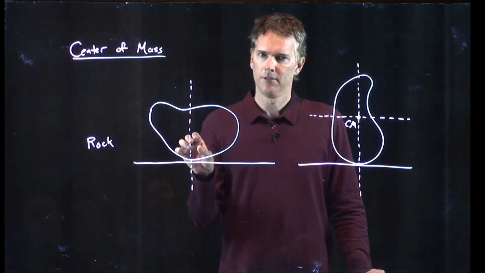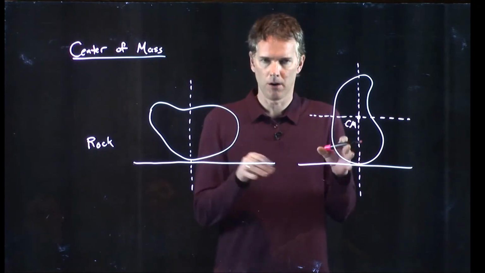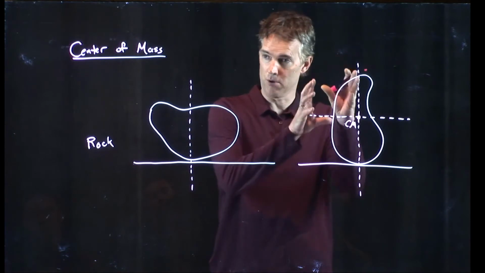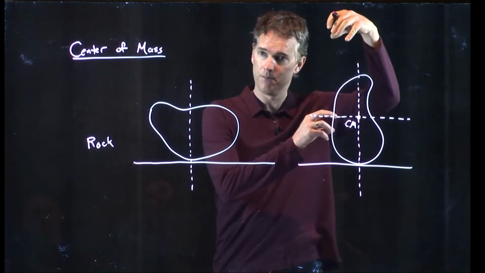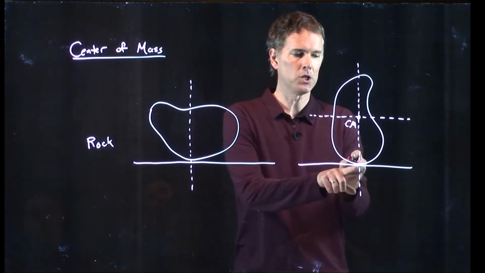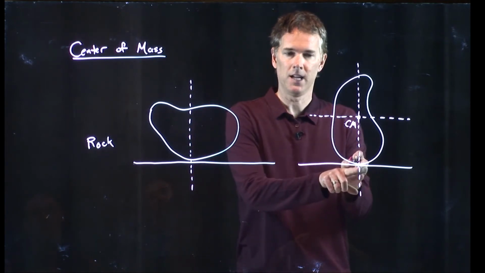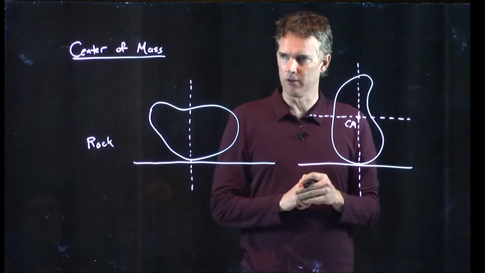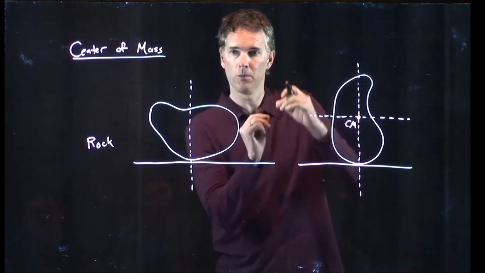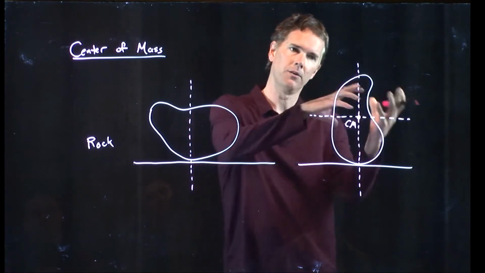Okay? And so when you go down to the harbor down in San Diego and you see people balancing those rocks on top of each other, the way you balance those rocks is you make sure that that point is directly underneath the center of mass. And if it's not, then it's going to tilt one way. And if it's off the other way, it'll tilt the other way.